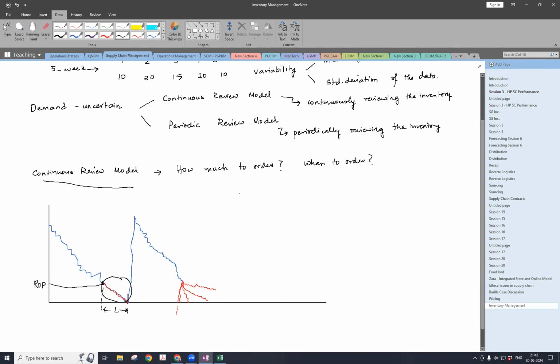The optimal policy is that the answer to how much to order is the economic order quantity, which is not any different from what we discussed earlier in the economic order quantity video, which is nothing but the square root of 2DS by H. So you understand how we calculate it: D is the annual demand, S is your setup cost, H is given by H equals IC, where I is the carrying cost and C is the cost of the product.